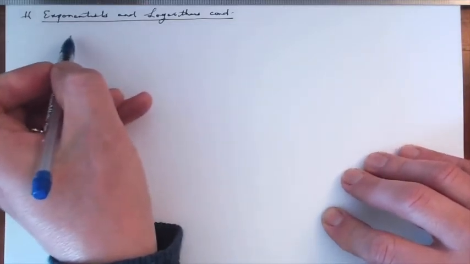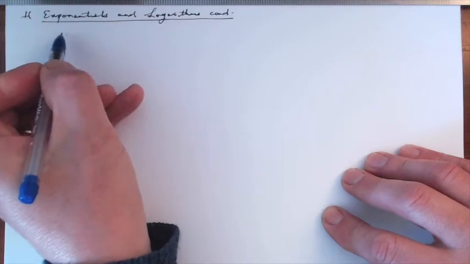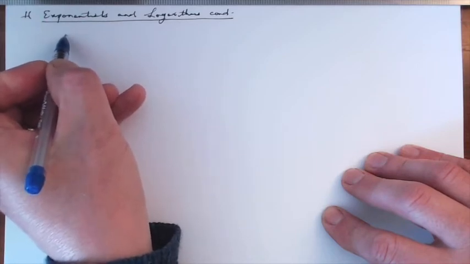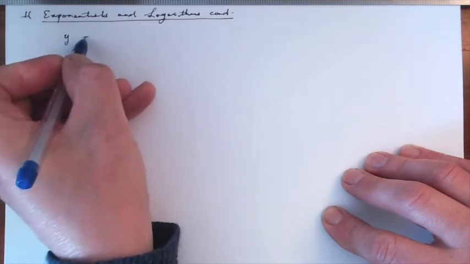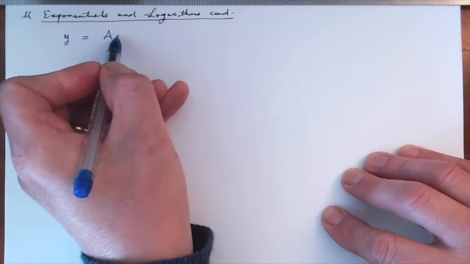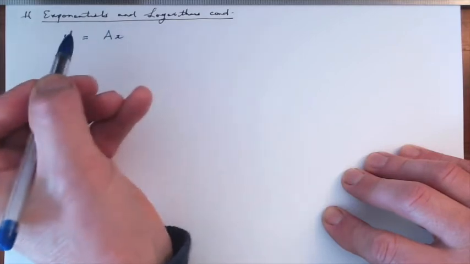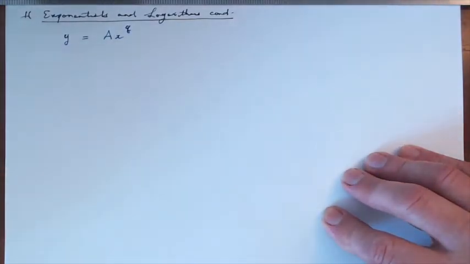So the first kind of relationship would be just a power law. So imagine that we have a function y equals a constant times x to some power, and for the sake of variety I'll just use letter q for that power.